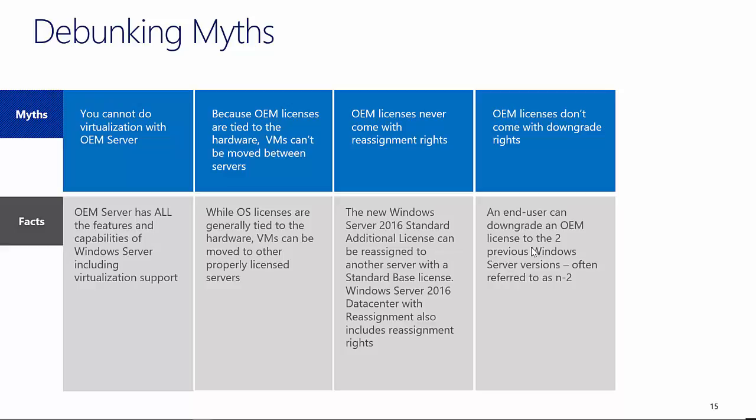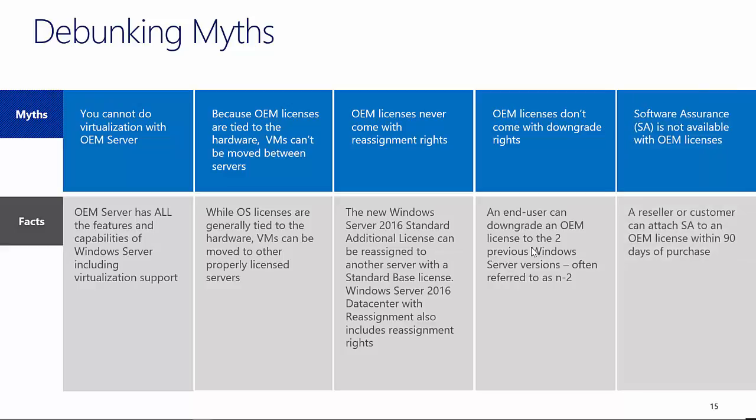Now, if the customer wants to exercise downgrade rights but doesn't have access to older media, and they need to obtain it legally, that ties into the next piece: within 90 days, you can attach software assurance to an OEM purchase. If they attach software assurance to that OEM purchase, that means that they get access to the Volume License Center. So not only do they still have the downgrade rights, but now they can actually exercise those by getting access to software assurance benefits through the Volume License Center.